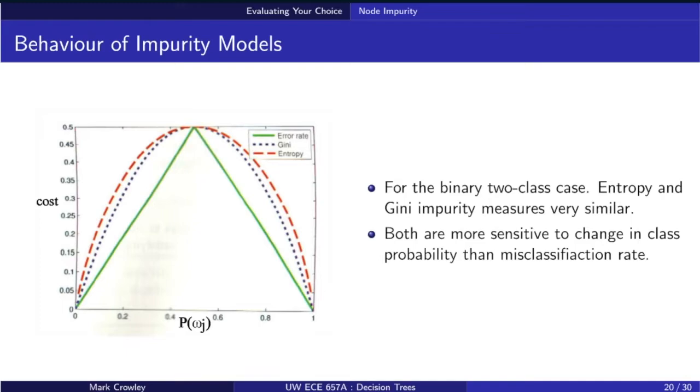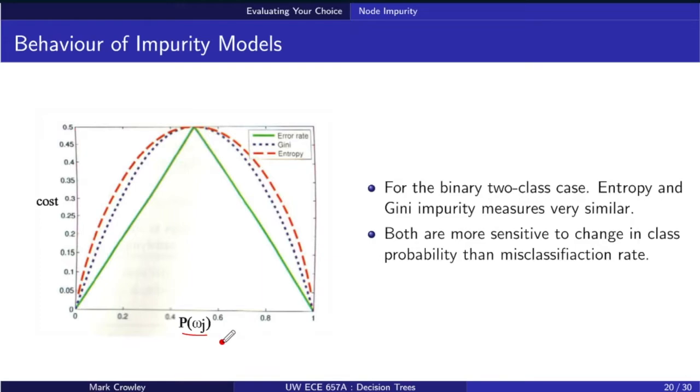So our p_j, I was confusing them up here, is saying what's the probability of the data point having this label j, right? So if it's 50-50, then the probability of the data point being class j, we want to basically give a very high cost. We don't want to have nodes with subtables where there's just an equal or uniform chance that this point could have any particular class.